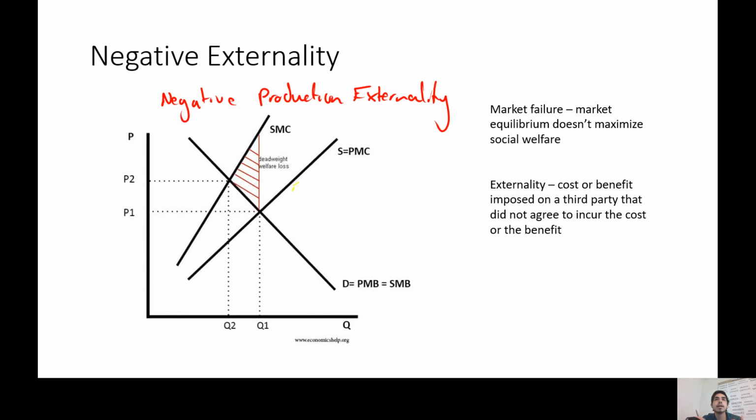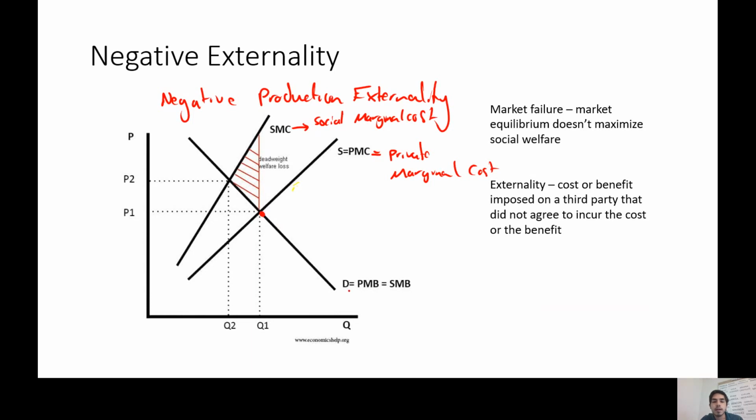And it's not internalizing the cost of the burning of fossil fuels. We draw it as a gap between the social marginal cost curve, which is what this represents, and the private marginal cost curve, which is the supply curve, right?